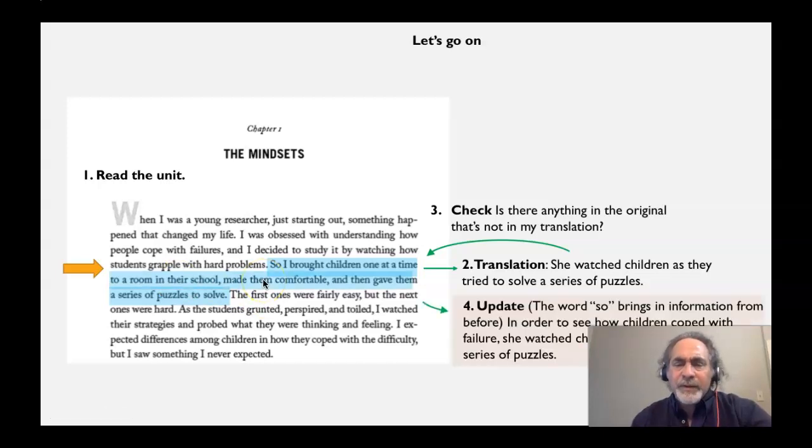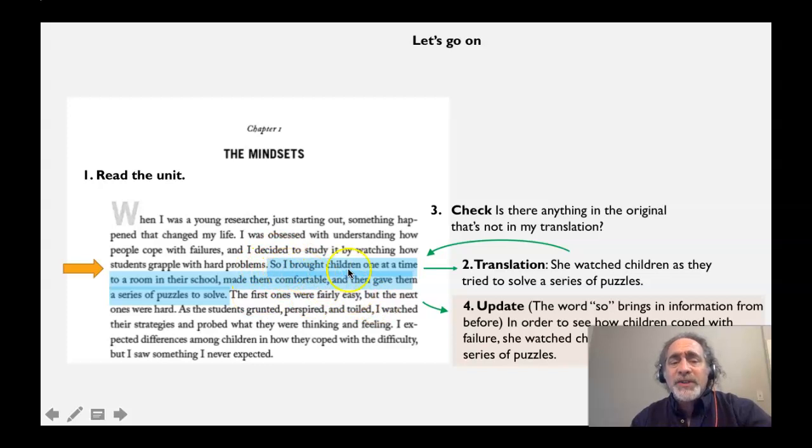What about this? The word so. Is that important? Ordinarily you'd say no. So is just a connection word. But wait a minute. The word so has a function. It ties this to the previous sentence. The word so brings information from before. So I brought children one at a time into the room, made them comfortable, and gave them a series of puzzles to solve.